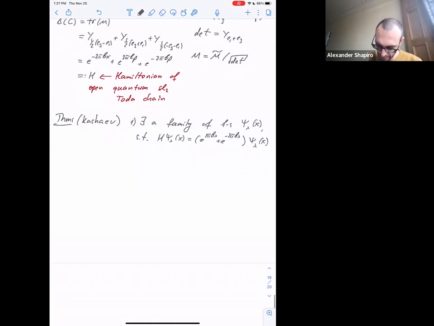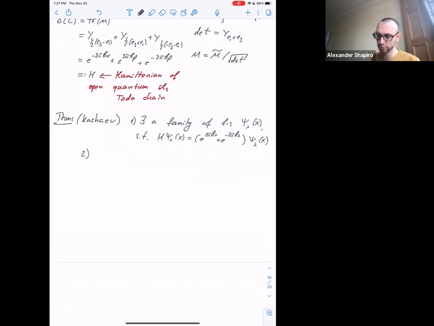And the second statement, which you always have to worry about when you talk about infinite dimensional spaces, is that you have to actually say that these functions form an orthogonal and complete family of eigenfunctions, right? Because you can't just count them, as in the finite dimensional case.